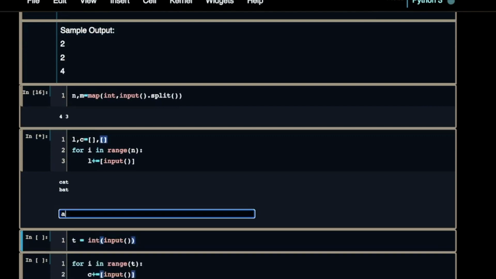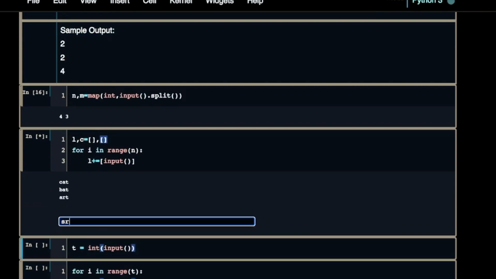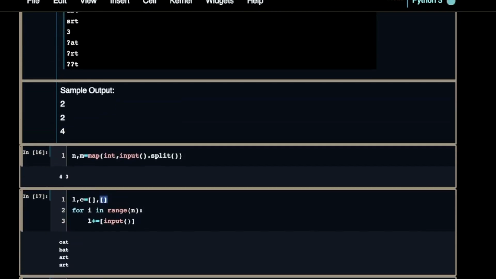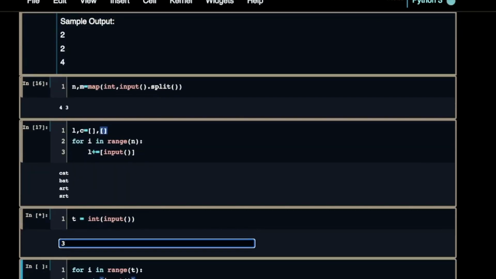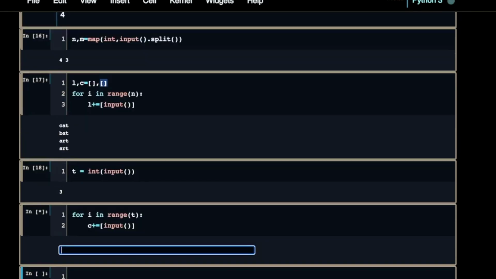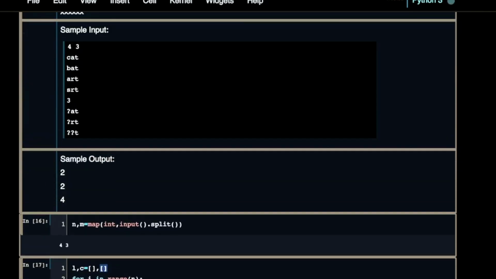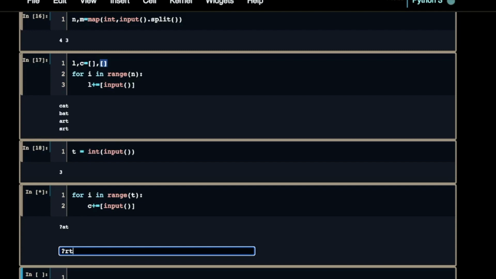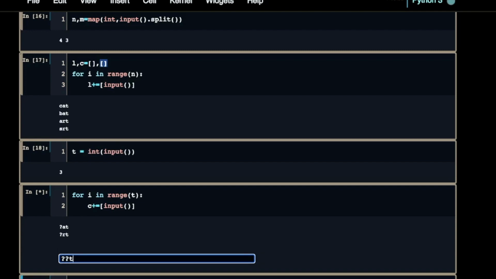Okay, these are the words. And here we go, q is the query, so 3 is the number of query words: question mark AT, question mark RT, question mark T.